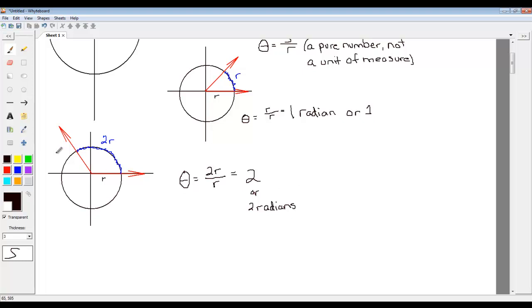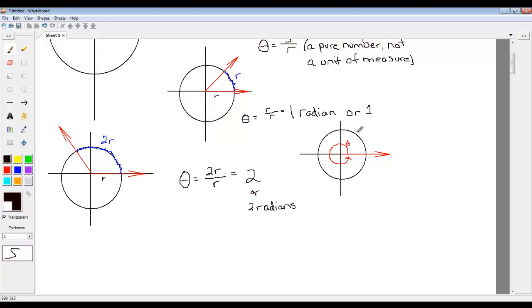Alright, if you go all the way around the circle, just some fun stuff here. Let me draw the circle first, it's easier. Let's say you go all the way around the circle. But that's not just your initial side, that's also your terminal side. Go around like that. So that's your theta.